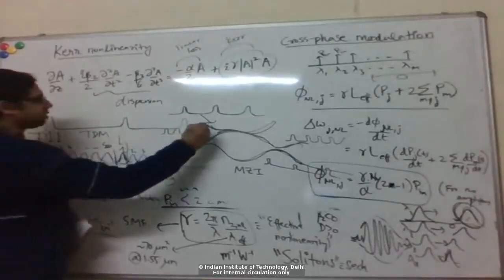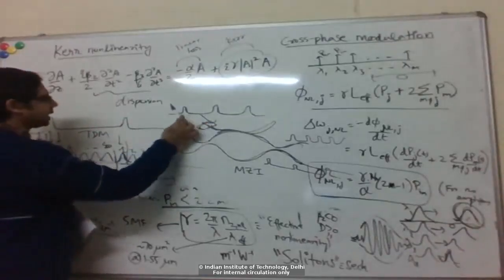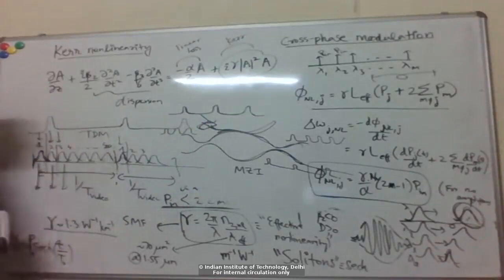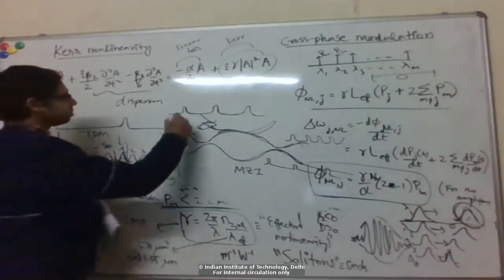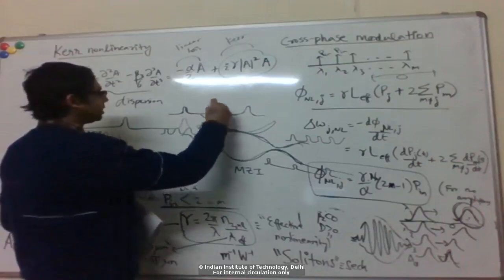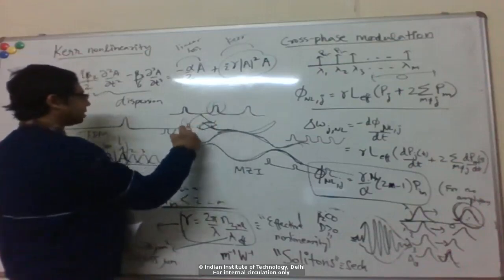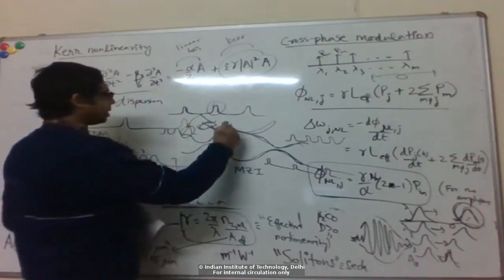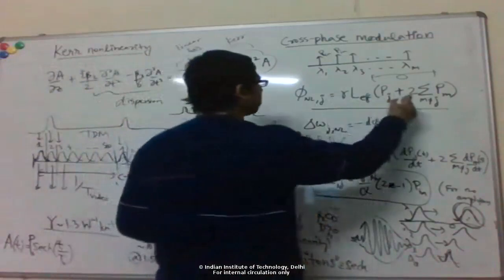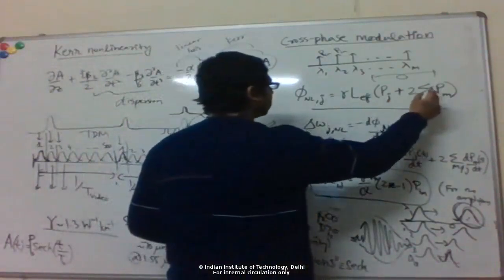By having some delay on here, I can change which channel the pulse overlaps with. The power is set such that the cross phase modulation that this pulse imposes on the data pulse is pi.